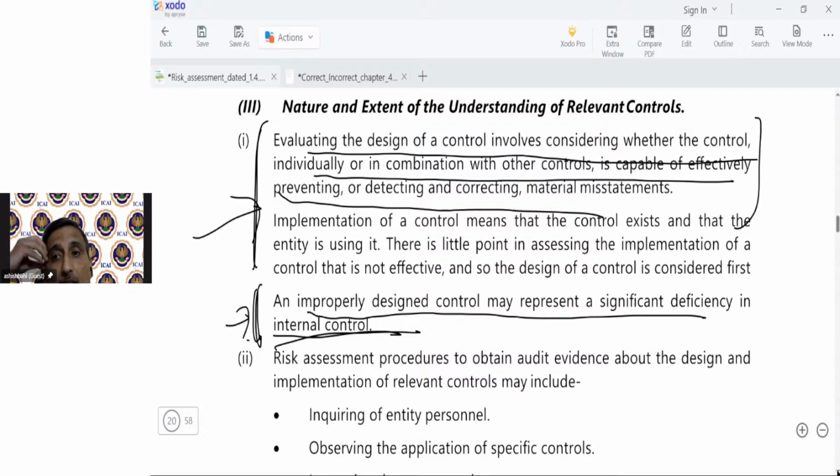You can understand. It would be a significant deficiency in the control system. Okay.